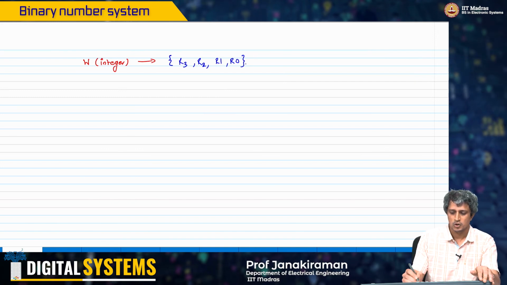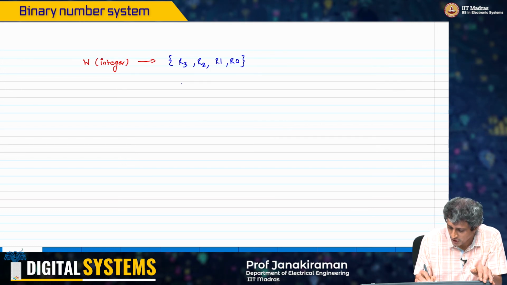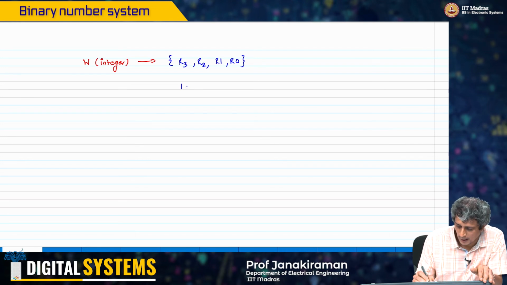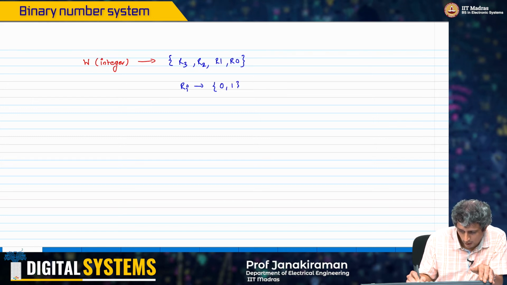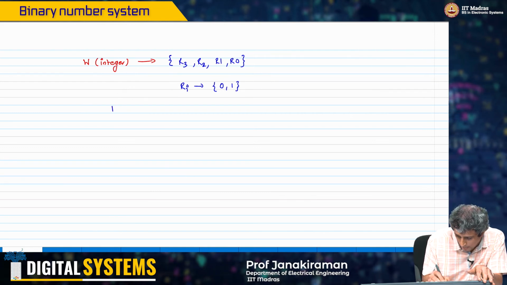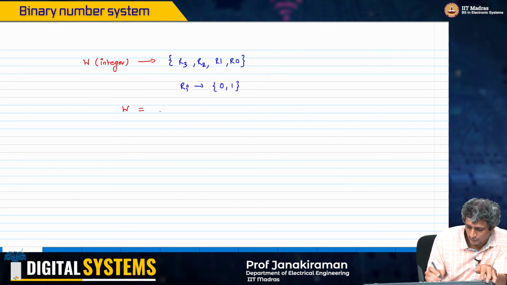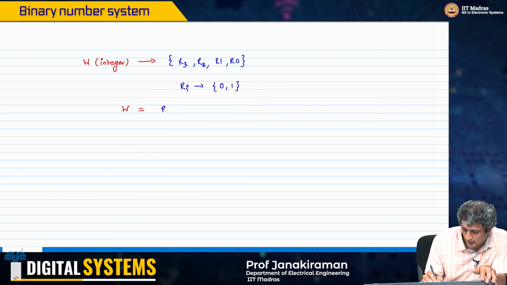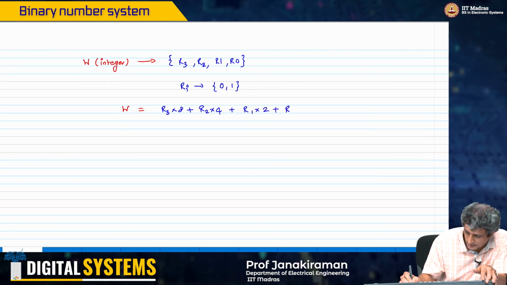So each R, for example Ri, could be either 0 or 1. So the effective weight W, in red, I can represent as R3 into 8 plus R2 into 4 plus R1 into 2 plus R0 into 1.